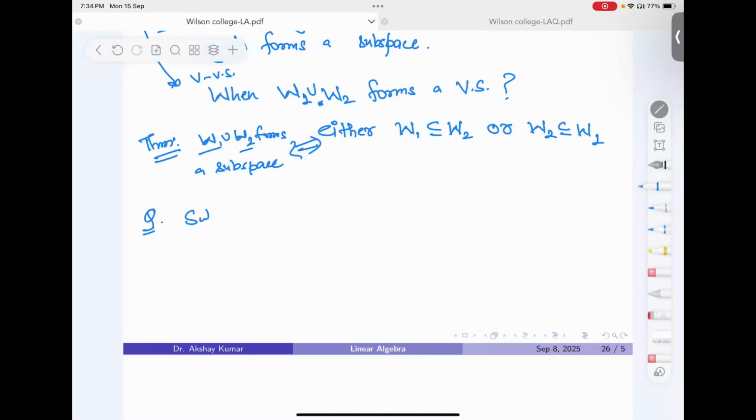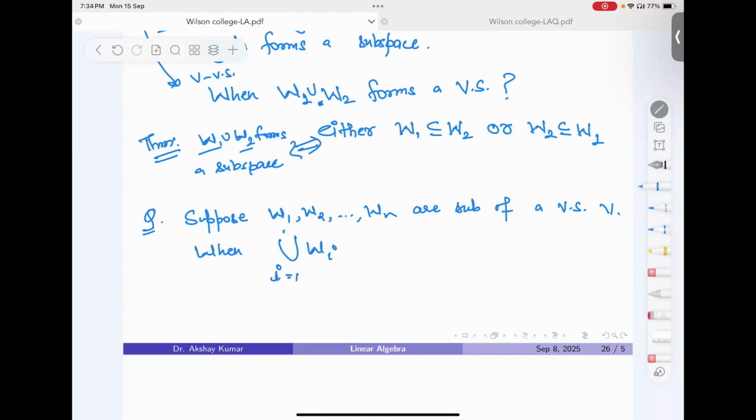Suppose you have W1, W2, ..., Wn, finitely many subspaces of a vector space V. So the question is when this union, Wi for i equals 1 to n, forms a subspace.